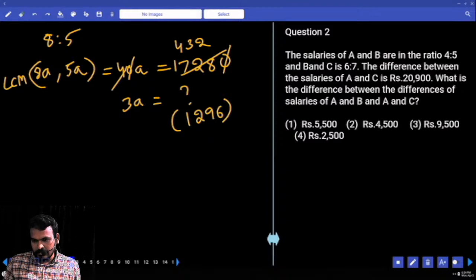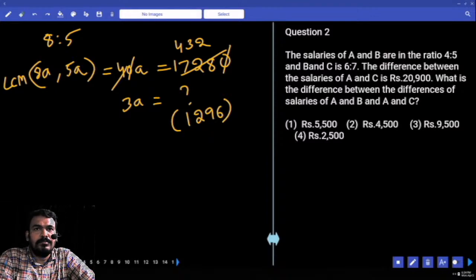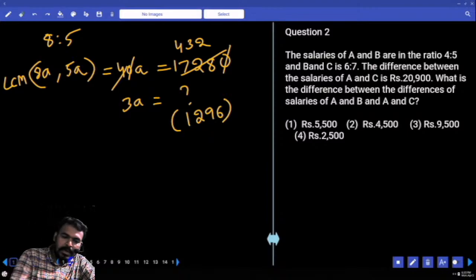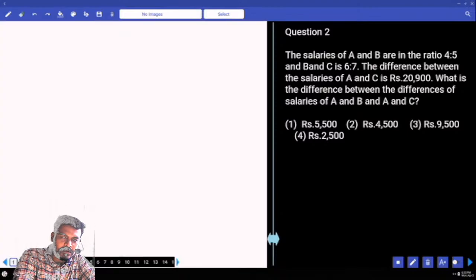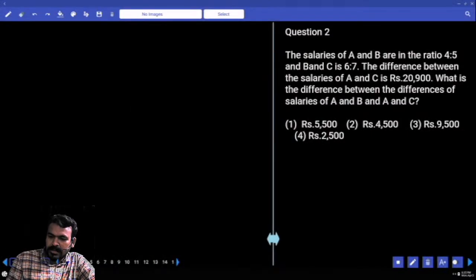Next, second question. The salaries of A and B are in the ratio 4:5, and B and C are 6:7. A is how many parts? 4 parts. B is how many parts? 5 parts. In the same way, B and C are in which ratio? 6:7.